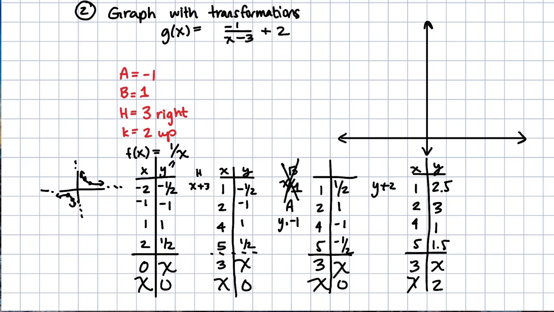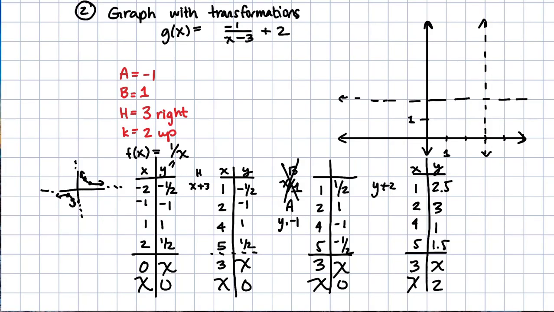Okay, 1, 2, 3, 4, 5, and at x equals 3 is when we have an asymptote. I'm just going to put those in first because it helps me draw these. So x equals 3, we have an asymptote. At y equals 2, we have an asymptote. And it's helpful to note we're going to go ahead and scale it like that with 1 unit. So now let's plot our points.